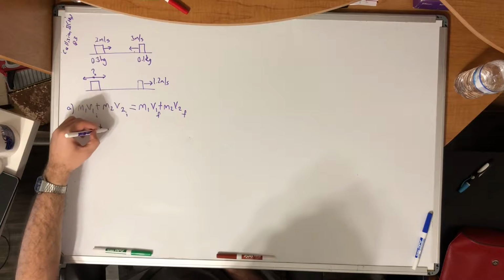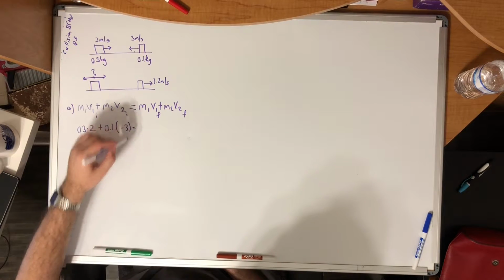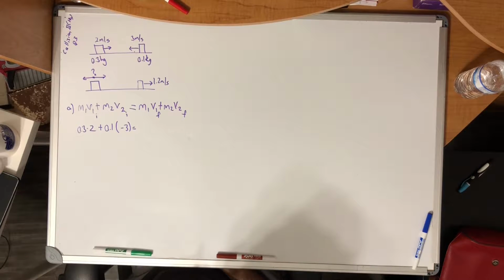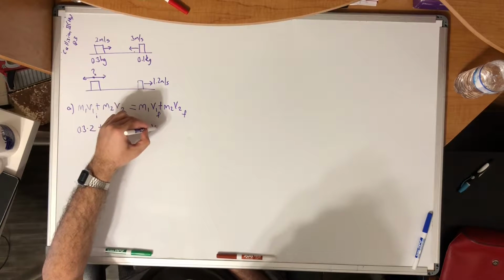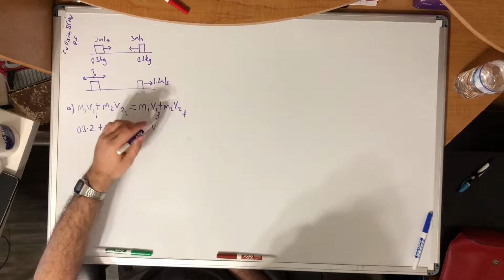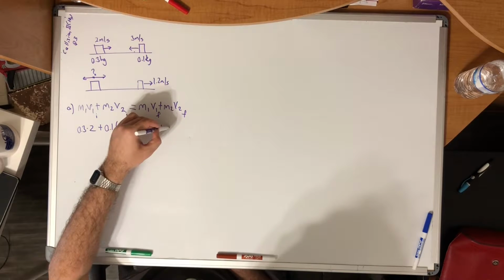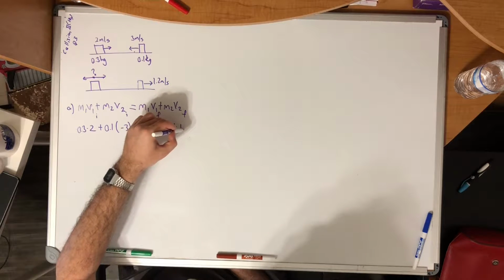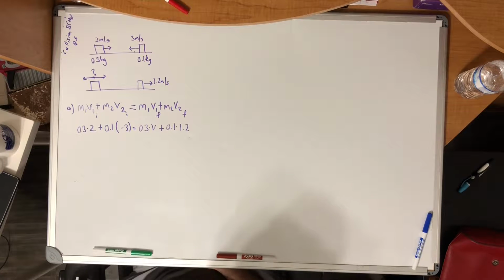plus 0.1 times negative 3, because it's going to the left, and remember momentum is a vector quantity, and 0.3 times unknown velocity, so we can just put v, plus m2 0.1 times 1.2. Since it's going to the right, it's going to be positive.